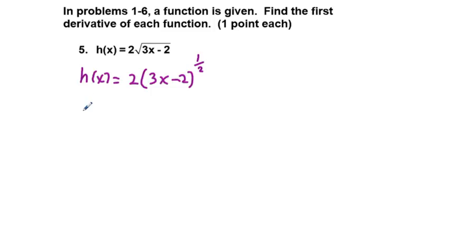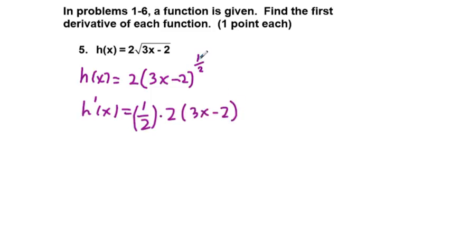So h prime of x is equal to this 1/2 times 2, and we have 3x minus 2 to the 1/2 minus 1. Well, 1/2 minus 2/2 is going to be the negative 1/2 power.